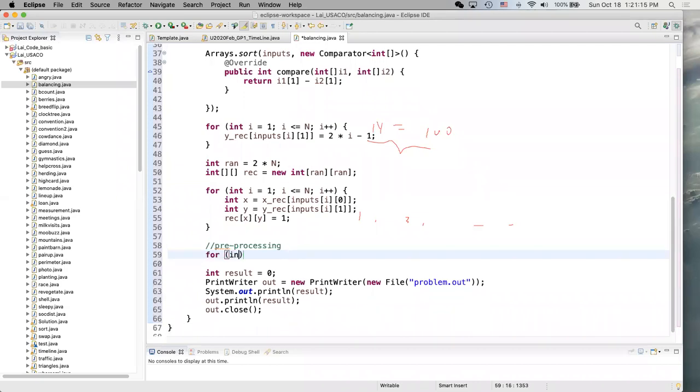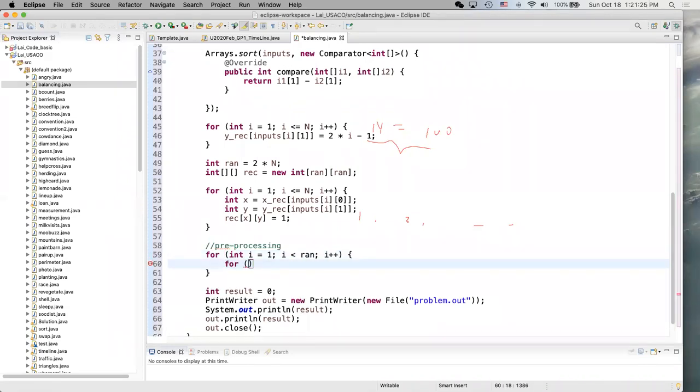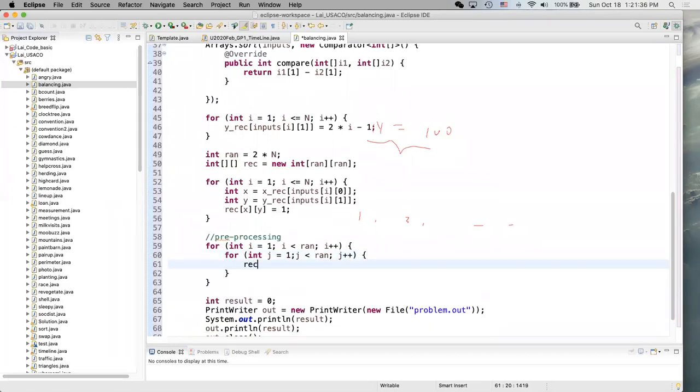Okay, so for that one, you can go ahead with the int I, go from 1, and I going to be less than range, and then I plus plus. And then for the for, int j, starting from 1, and j less than range, and j plus plus. And now go ahead using that function.